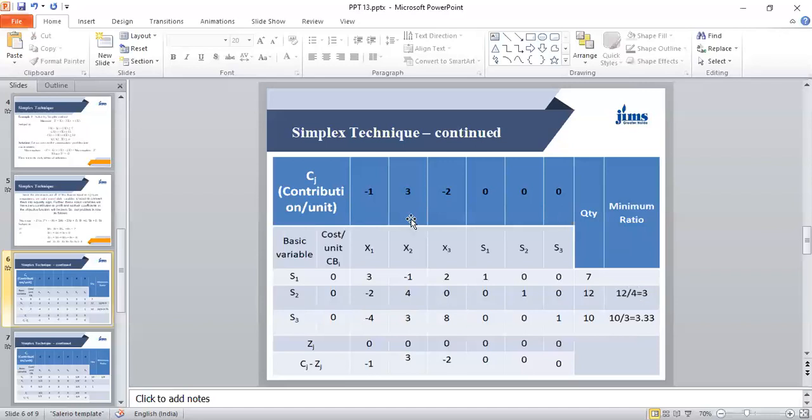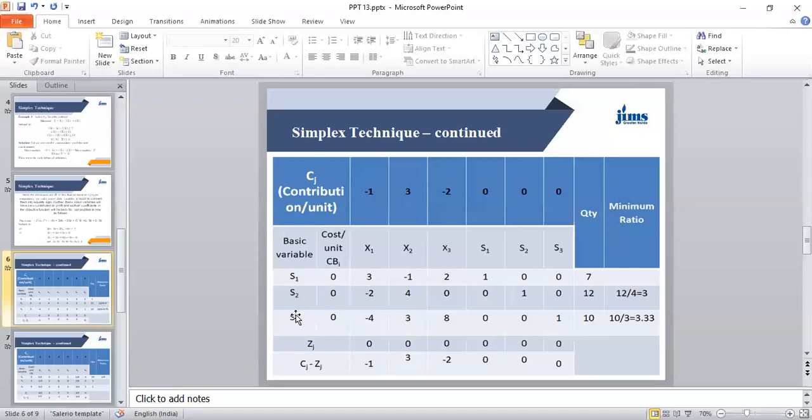So key column means this X2 variable now will be introduced, and key row means the S2 variable will go out. So in the next iteration, the new variable X2 will come. This will replace S2, and because X2 has a contribution of 3, its contribution will be 3.